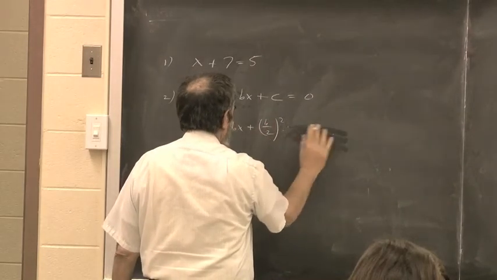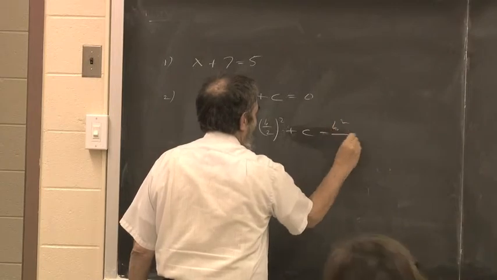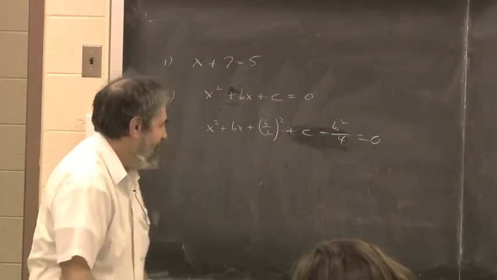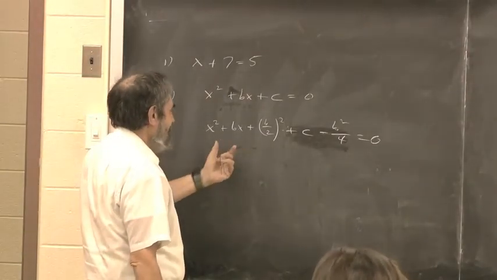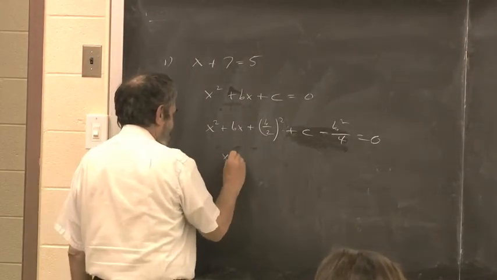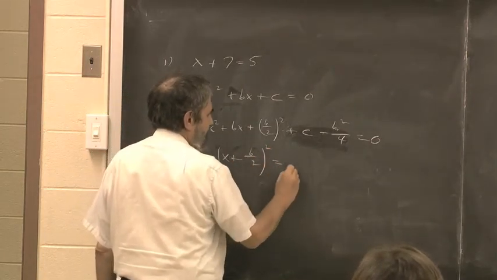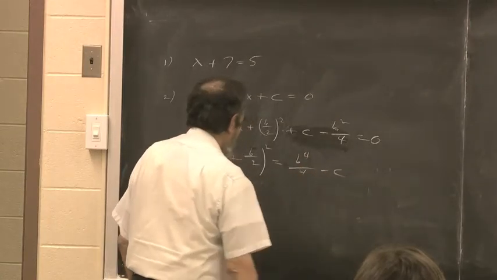All right, I think I would have caught it later, maybe. So this could also be written as (x plus b over 2) squared equals b squared over 4 minus c. It'd be bad if I get this one wrong.